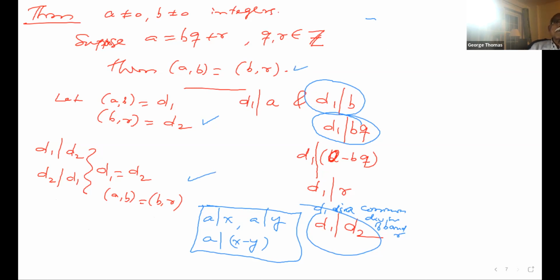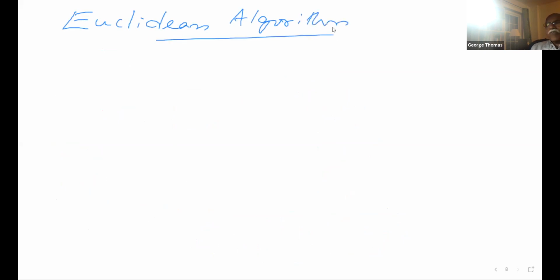Let me quickly go to the next two. This gives us the Euclidean algorithm. I have to do one of them because there is homework on it. Suppose somebody gives you two numbers, 232 and 136.